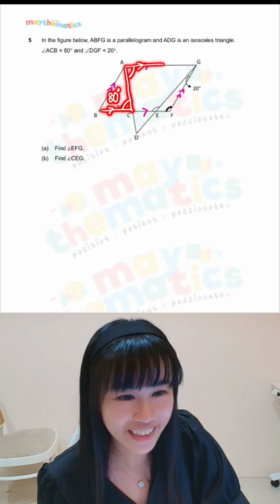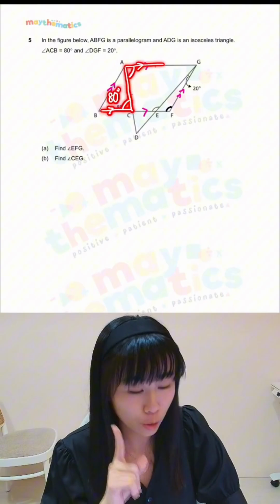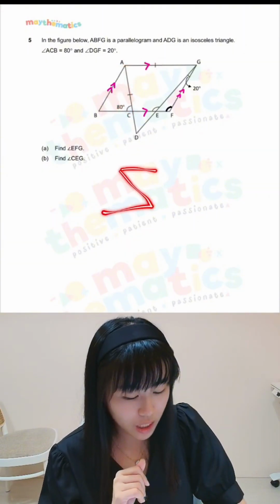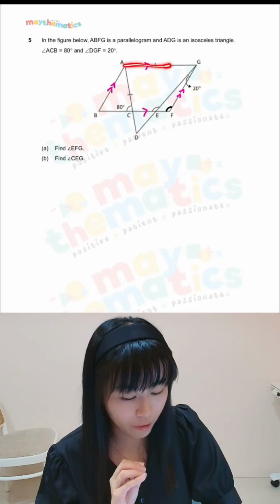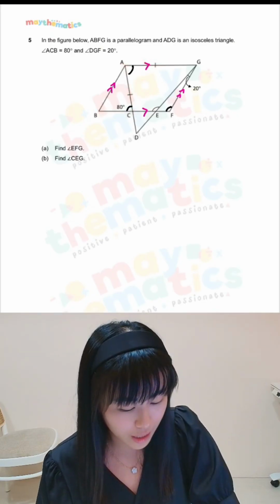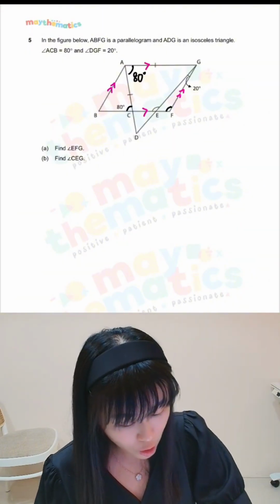Alternate angles mean they are the same, according to the Z shape. But you can only do that if the lines are parallel. Don't anyhow say Z shape then it's the same. The condition is it must be parallel. So if this is 80, this is 80. This one is an alternate angle. So we know this is 80 already.